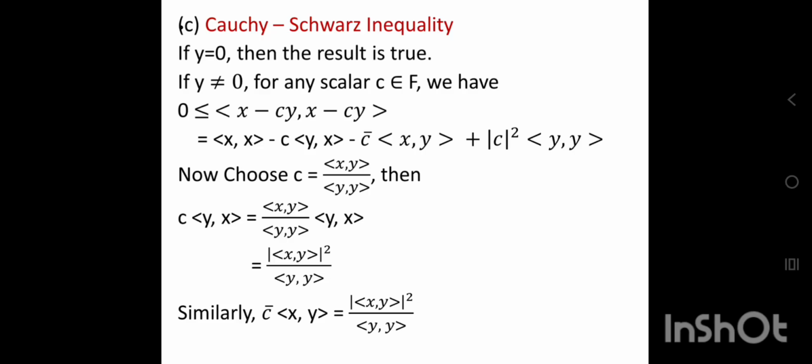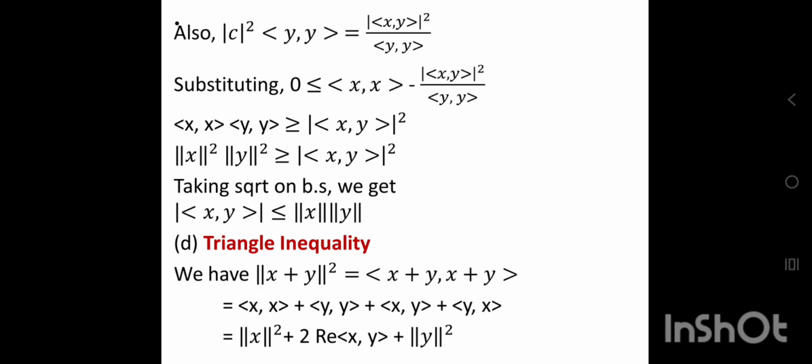Similarly, the c bar value is also modulus inner product x comma y the whole square divided by inner product y comma y. Also, modulus c squared into inner product y comma y is equal to modulus inner product x comma y the whole square divided by inner product y comma y.